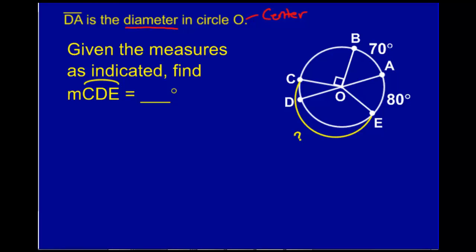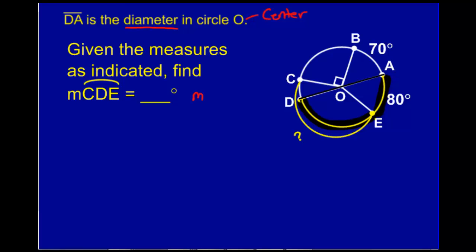Now, we see that we're given that DA is the diameter. So that's very important, as I mentioned earlier. That tells us we have a semicircle. So as I look at this, I see, wow, this arc here, DE plus AE, that's a semicircle. So I can write a little equation.